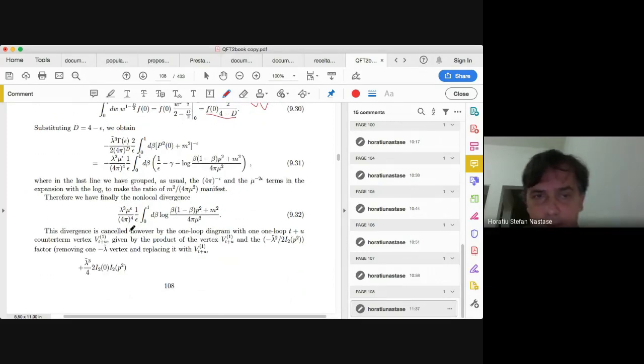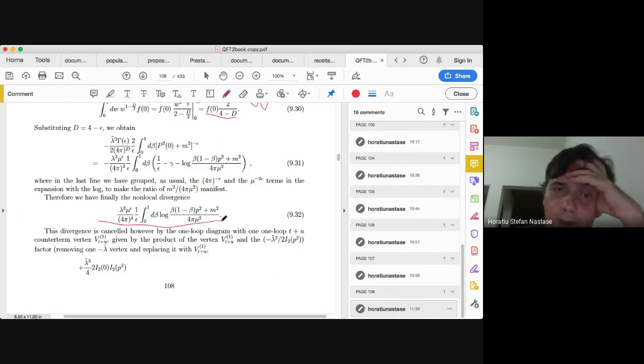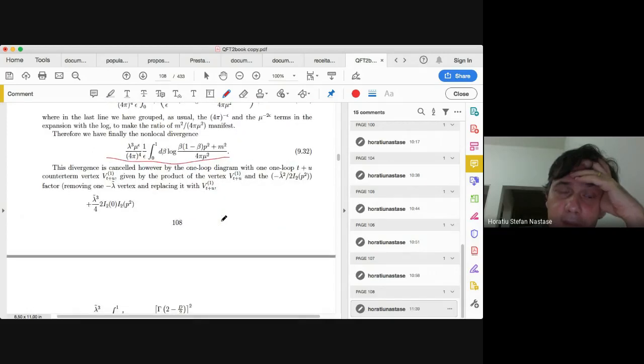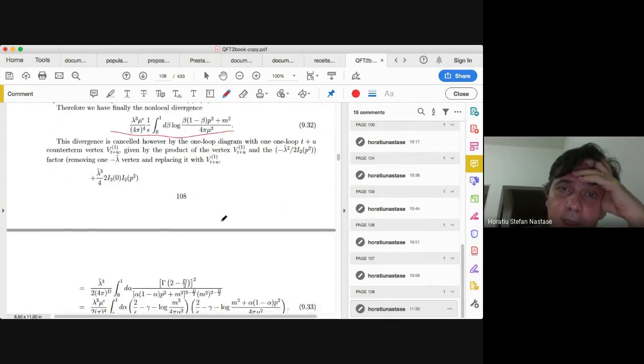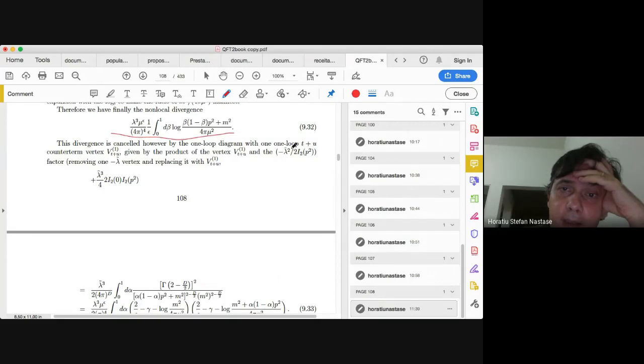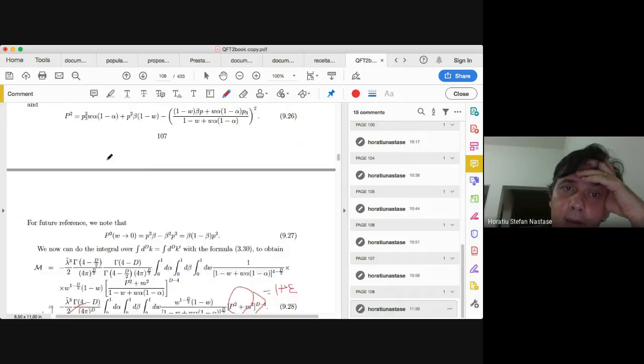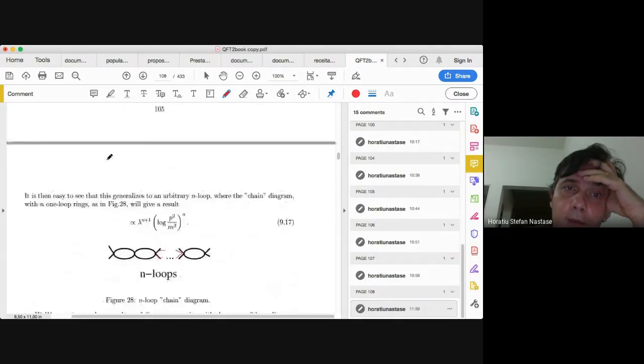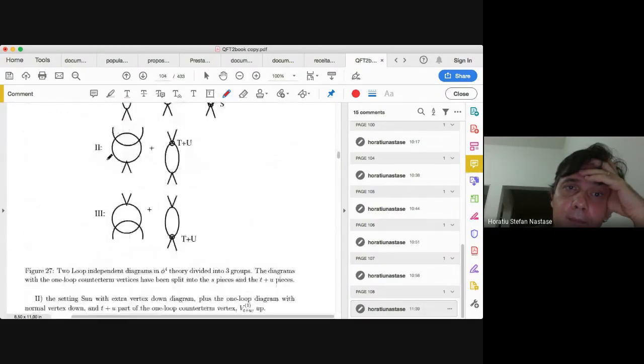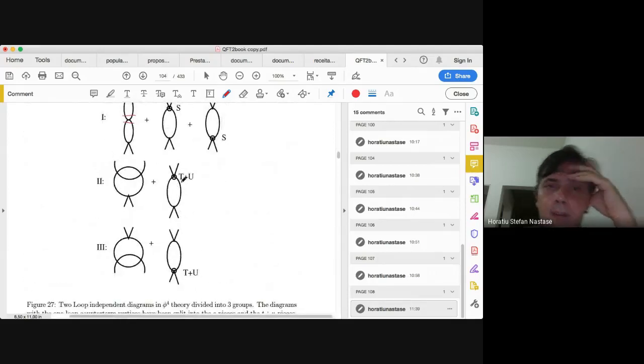And so finally, the 1 loop, the 1 over epsilon divergence becomes this one. And this one will be cancelled by the 1 loop t plus u counter term, which was written here.